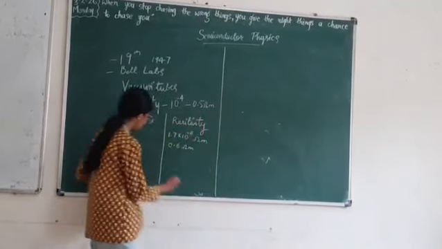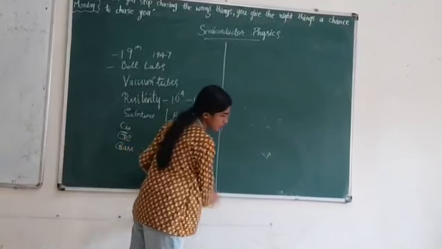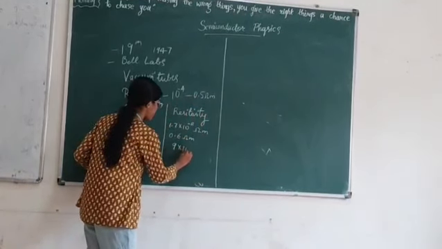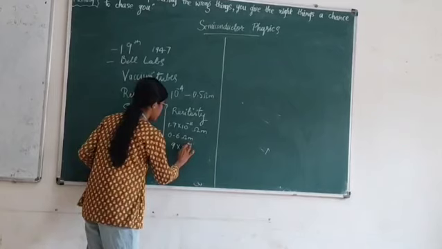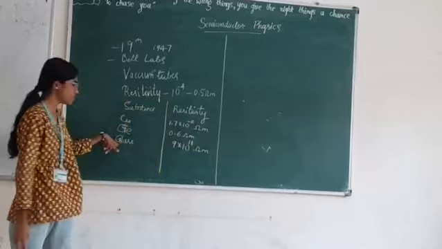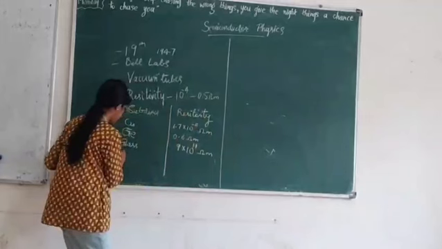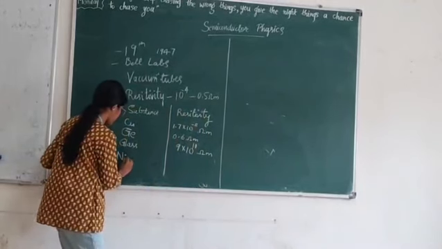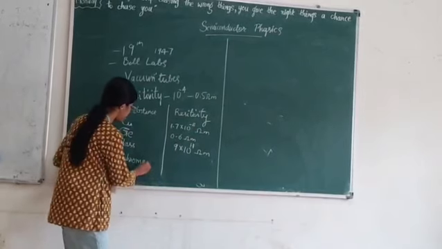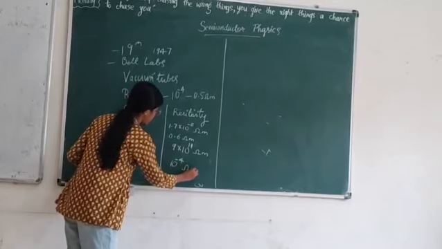Next is glass. Glass has a resistivity of 9 into 10 raised to 11 ohm meter. Glass is an insulator. And the last one is nichrome. Nichrome has a resistivity of 10 raised to minus 4 ohm meter.